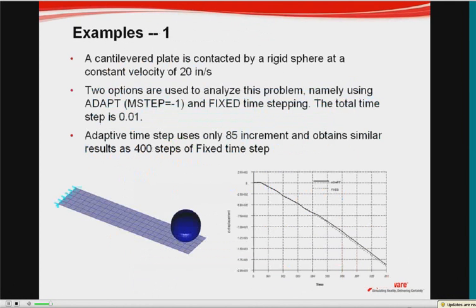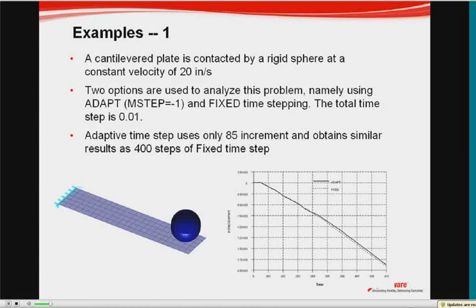Here is the first example. A cantilevered plate is subject to a rigid sphere at a constant velocity of 20 inches per second. In this model, we use two different controls. The first one is adaptive, where we set MSTEP as -1, and the other deck is with fixed time stepping.